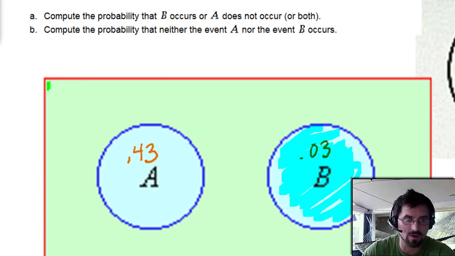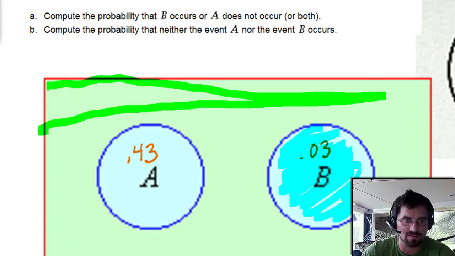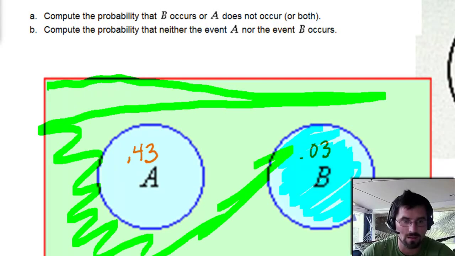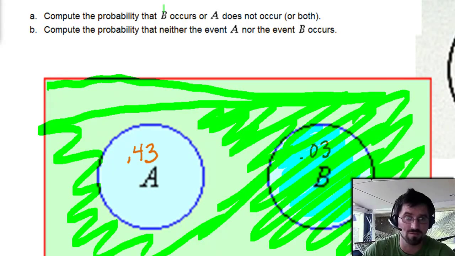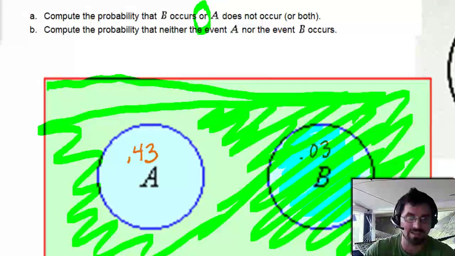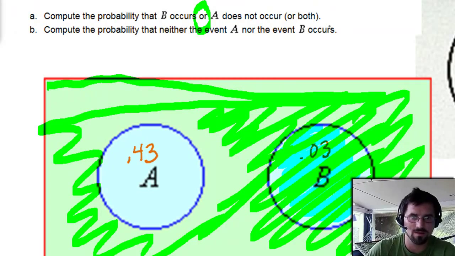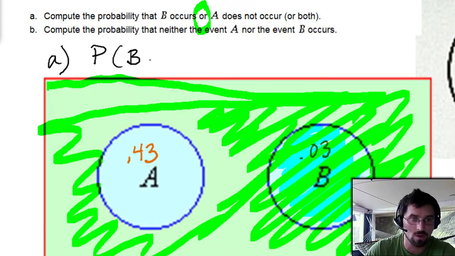Well, A not occurring is everything that's outside of A, and that includes B. Since it includes B already, and this is an OR, they're not looking for the intersection. They're looking for me to unite B with not A. Let me write that down. On this one, for part A, they say compute the probability that B happens or A doesn't.